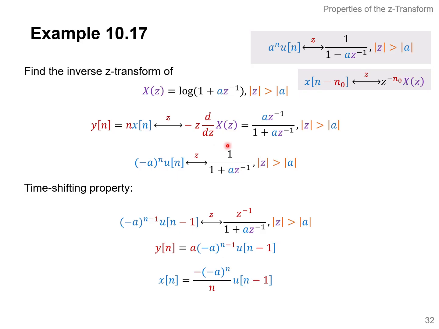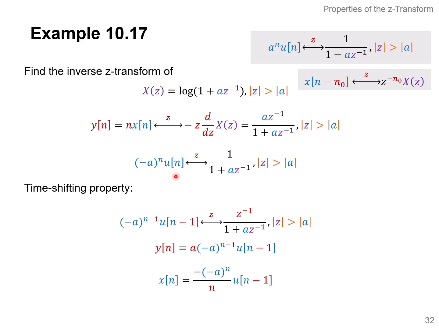After differentiation, we get a simple rational form. This form matches a standard z transform pair. From the table, 1 over 1 plus a times z to the minus 1 corresponds to minus a to the power of n times the unit step.